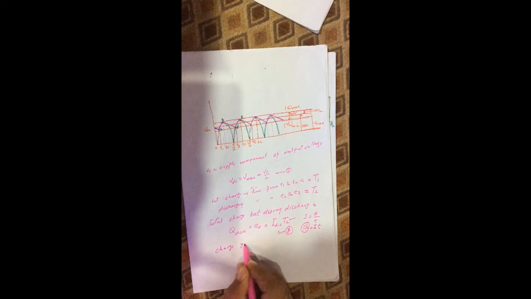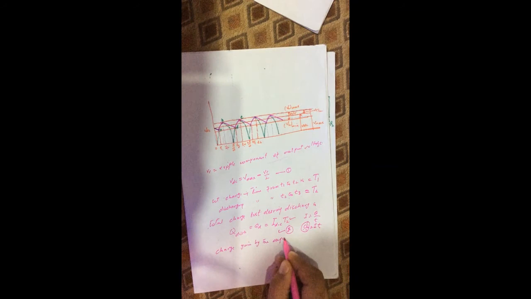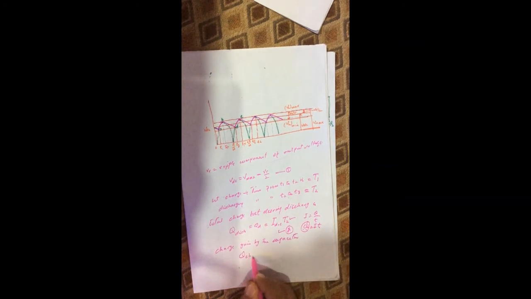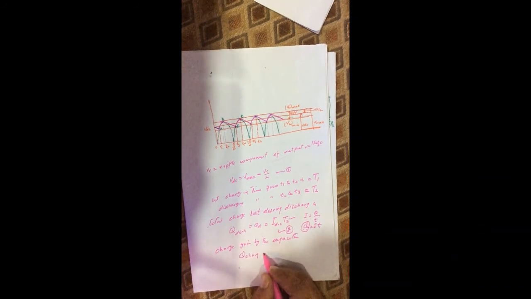And the charge gained by the capacitor, I represent by QC, is equal to the capacitance times the ripple voltage, because we know that the charge on a capacitor plate is Q equals C times the voltage across the capacitor.